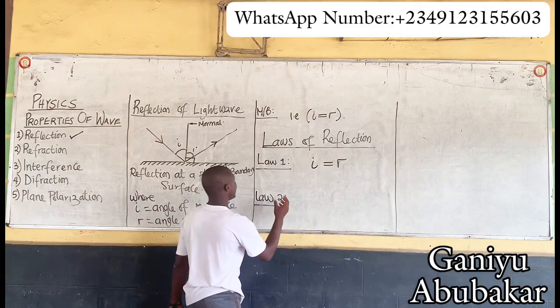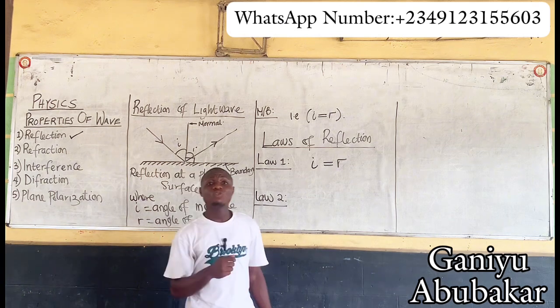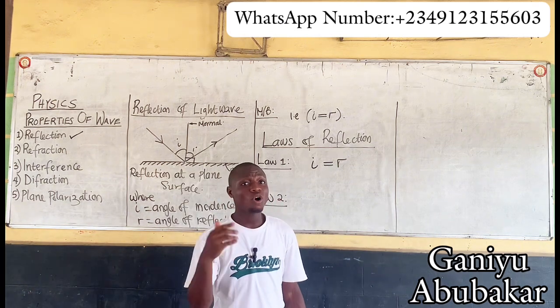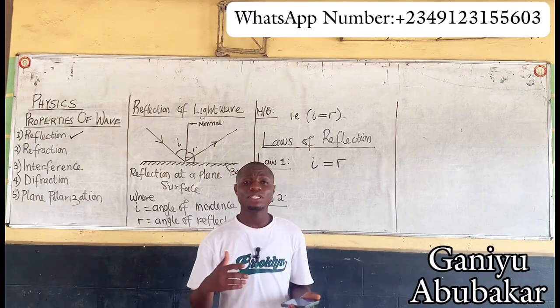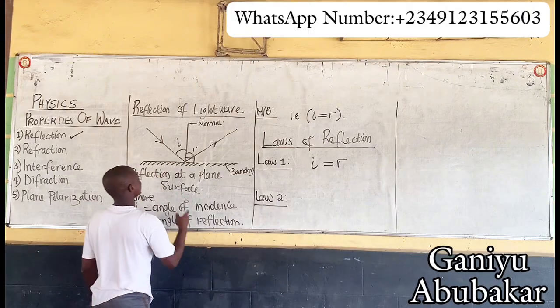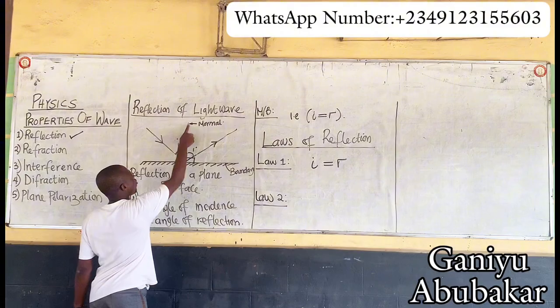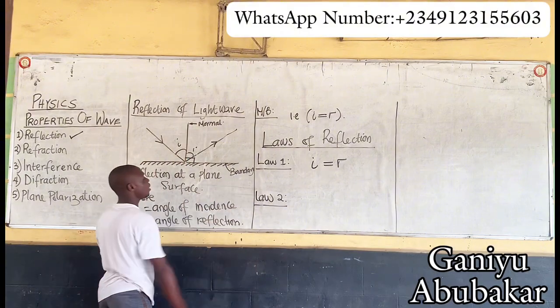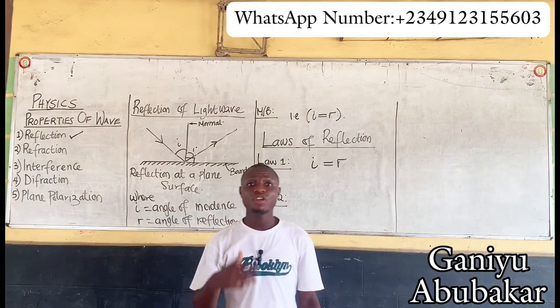Law two says that the angle of incidence, angle of reflection, and normal all lie on the same plane. Observe that the angle of incidence, angle of reflection, and normal all lie on the same plane. That's how you state the second law of reflection.